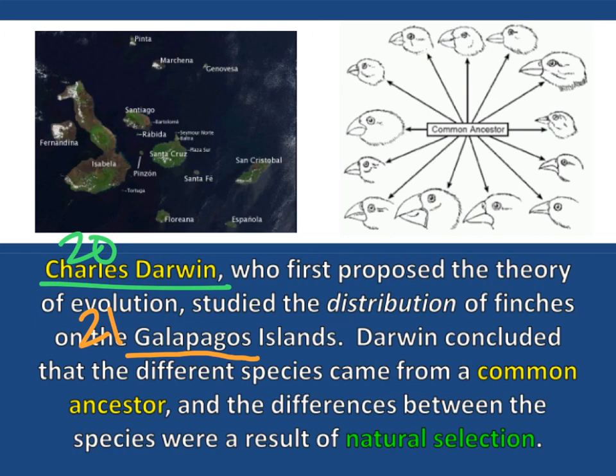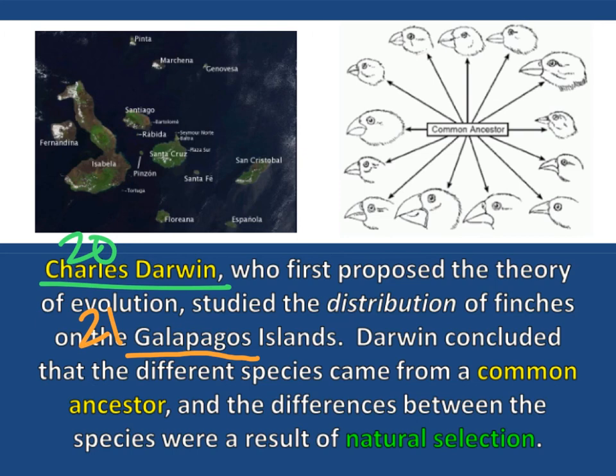Whenever Charles Darwin traveled to each of these different little islands, he noticed that these finches looked very similar. However, their beak sizes were a little different. You got large beaks, tiny beaks, thinner beaks, wider beaks. As he traveled through each of these islands, he noticed the differences in beak shape and size.